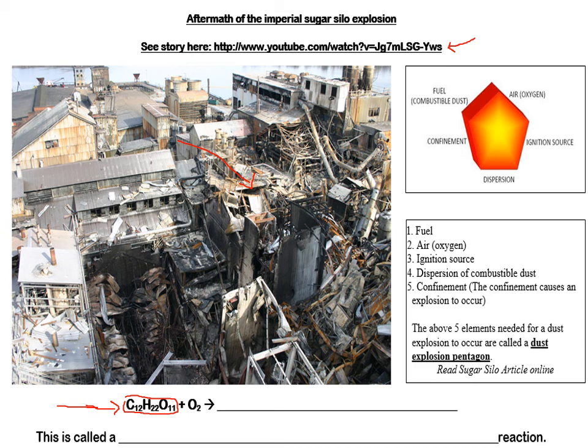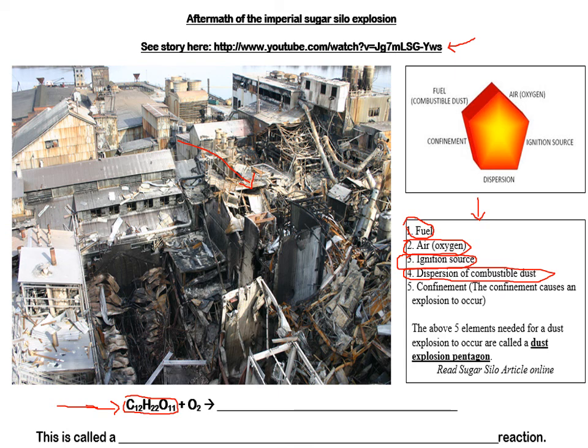You'll notice over here, this is sort of the ingredients you need for an explosion or a fire to occur. You need a fuel, which was a sugar. You need some oxygen from the air, so that was present in the sugar factory. You need an ignition source, and that was basically the spark provided. In the case of the sugar, if you tried to light a pile of sugar up, it wouldn't light up very well because there's not enough surface area for reaction to happen.